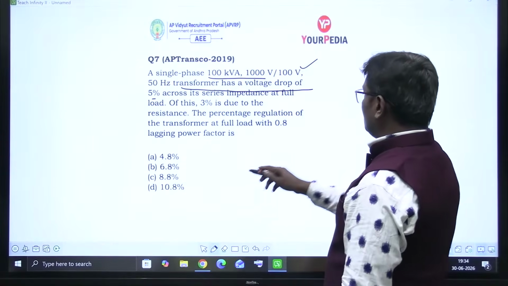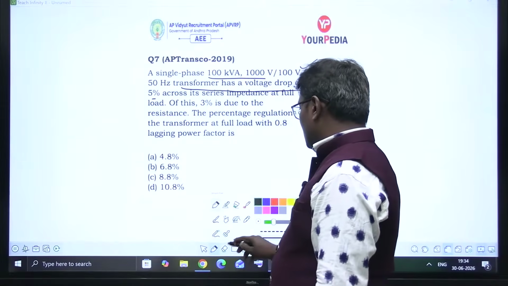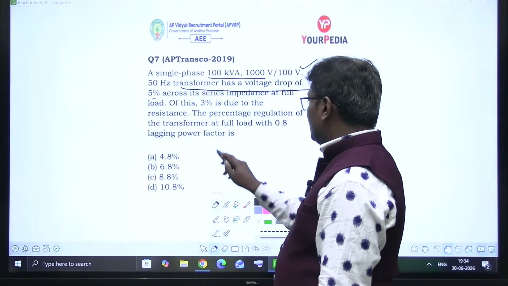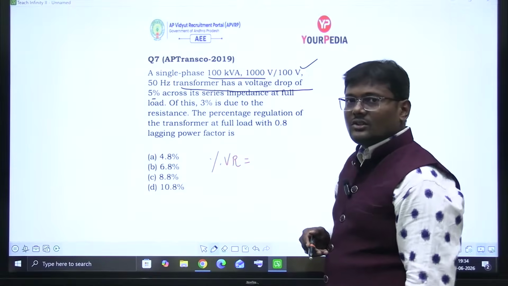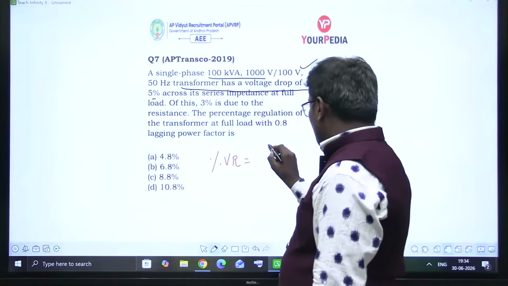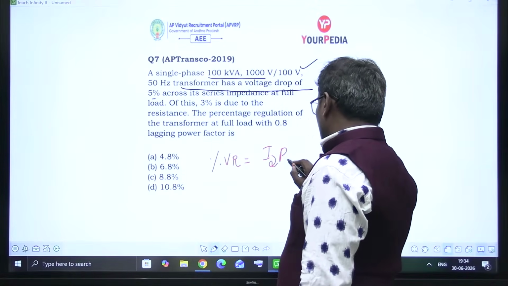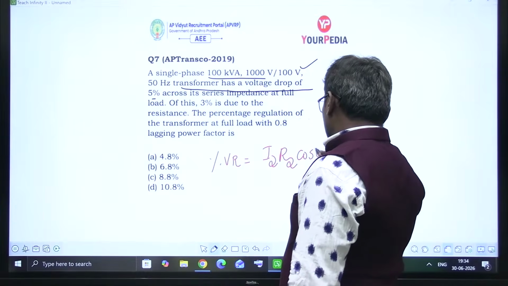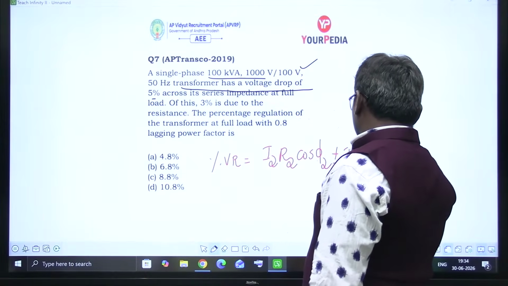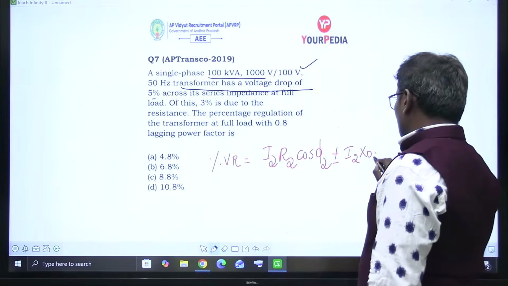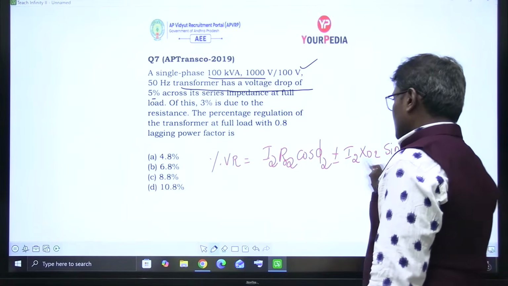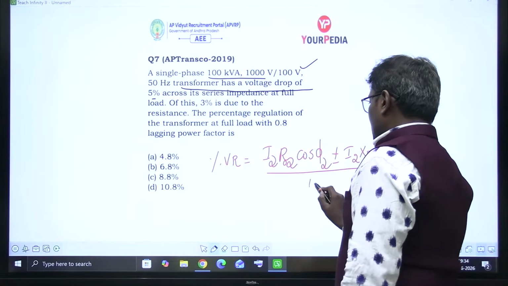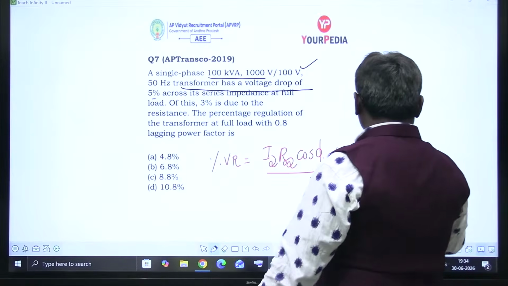So the percentage voltage regulation formula, always you should remember. Here I will cover the derivation part also. It is I2 R02 cos phi 2 plus or minus I2 X02 sin phi 2, divided by E2, into 100.